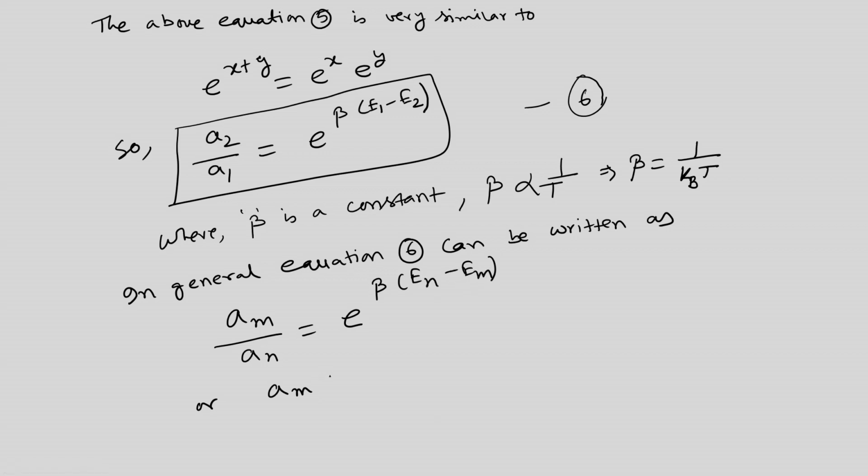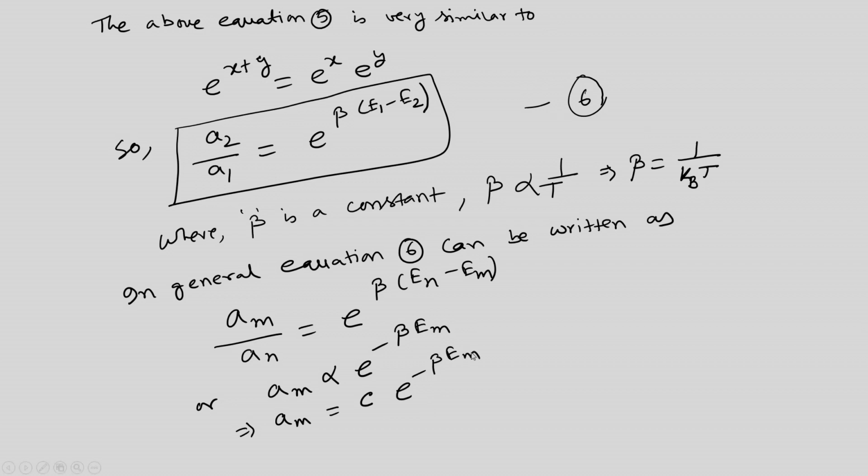So, in general we can write AM is proportional to e to the minus beta times EM, or AM is nothing but C times e to the minus beta EM.